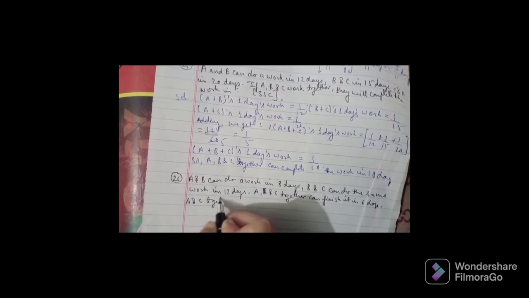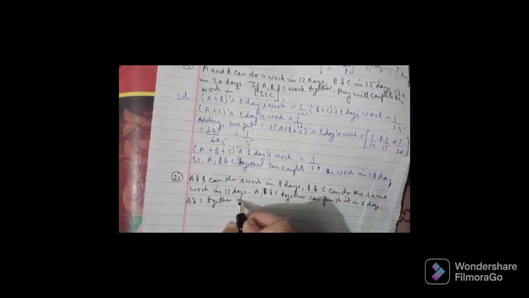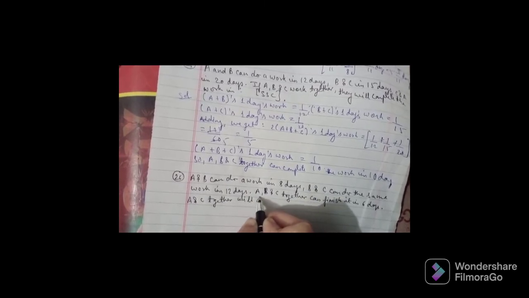A and C together will do it. And this has been asked in RRB examination paper. The options, as I told you, 4 days, 6 days, 8 days and 12 days. That one we'll have to find out. Let's go for the same here.